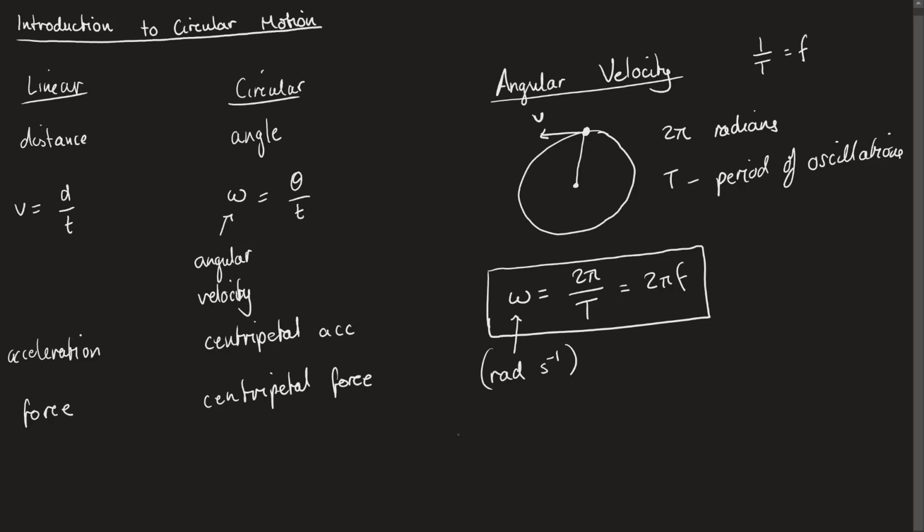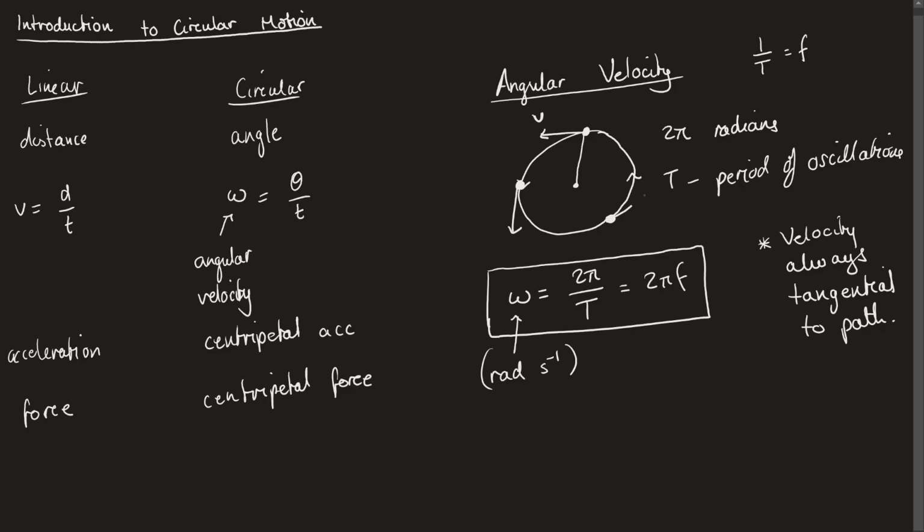So this is another property of circular motion, that velocity is always tangential to the path. In this case, we're going to spin around this direction, but if I had a particle here, it would go off on a tangent here.